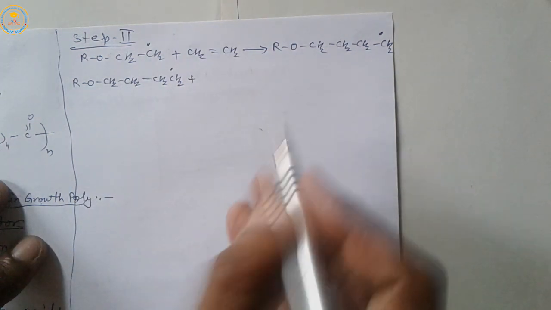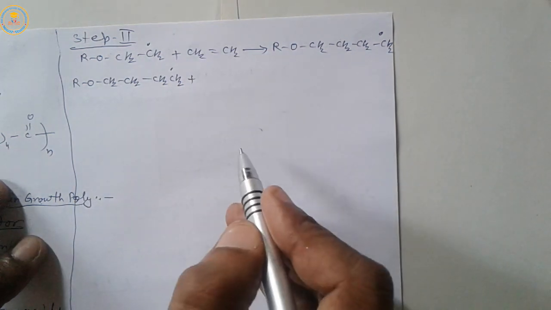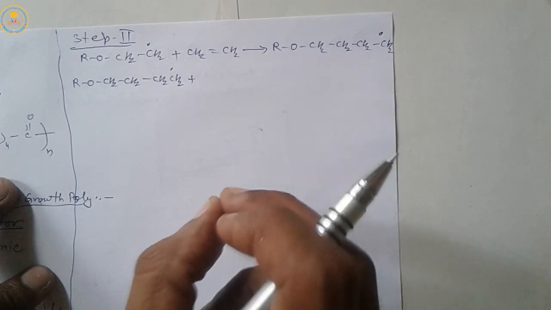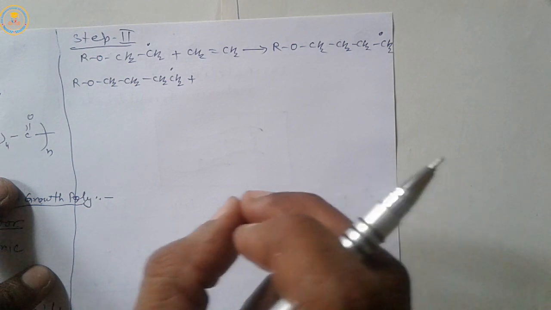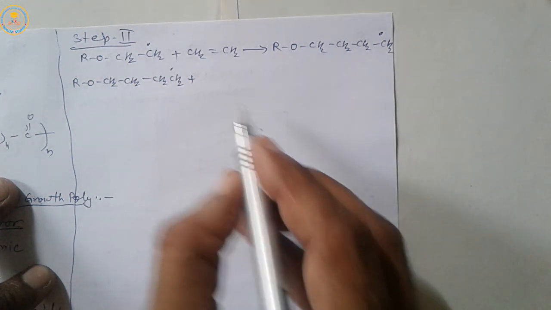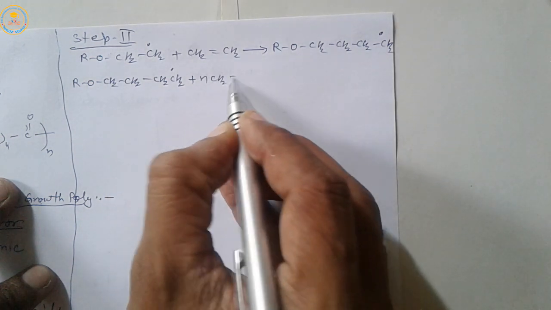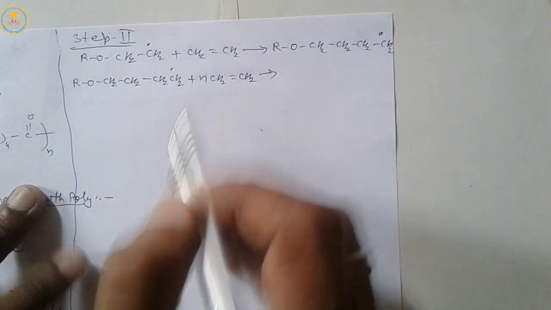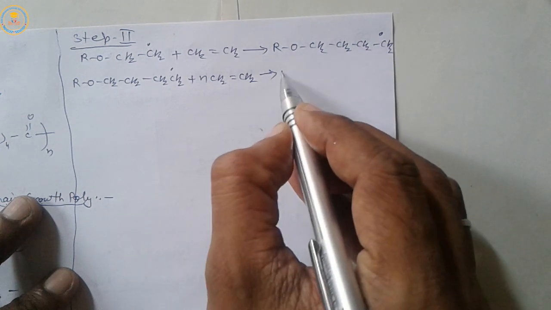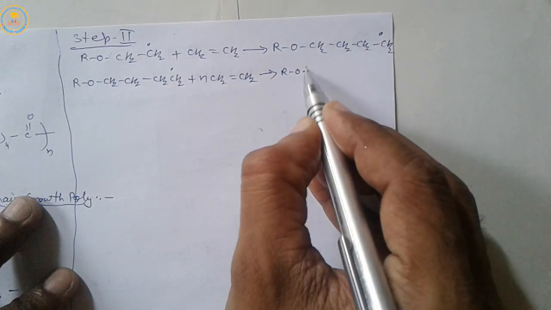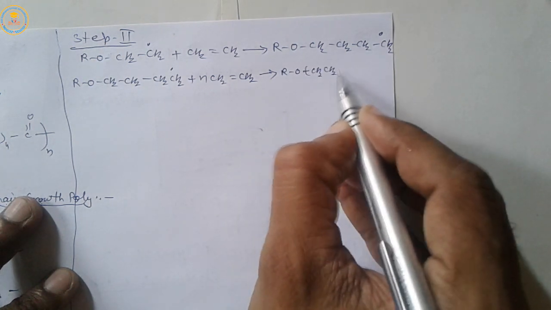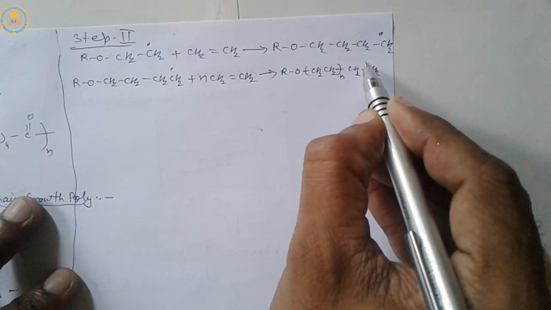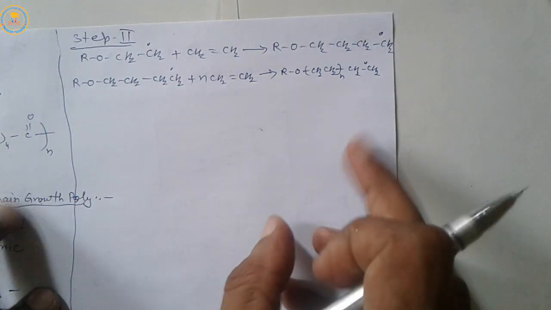The repetition of this sequence with new and bigger radicals carries the chain forward, so this step is called the chain increasing step. For example, a unit of monomer combines with the free radical and forms a new and bigger free radical.